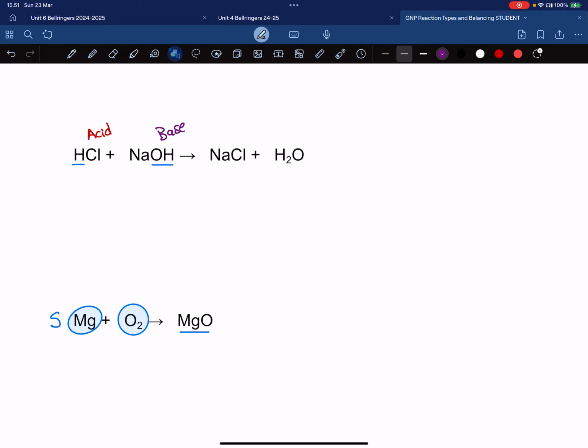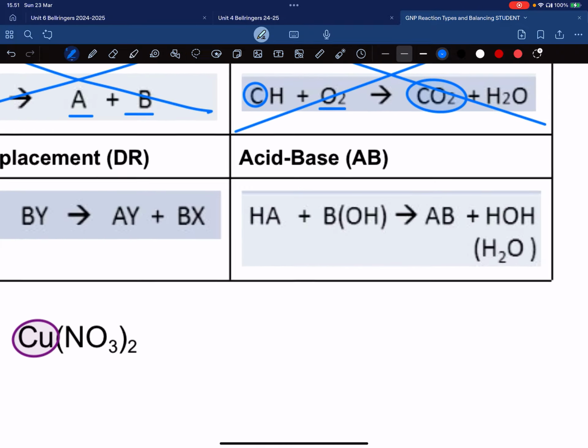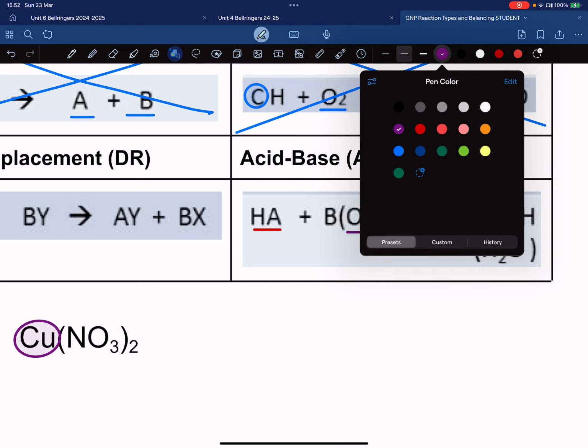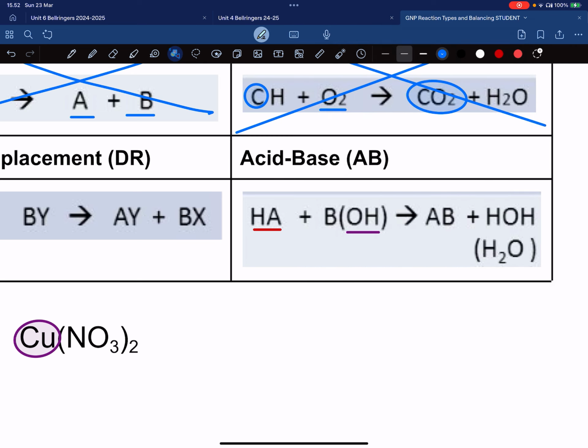And then these things are going to go together to make water, and that's really the key. So this is an acid-base reaction. All right, so again, you've got your acid with the hydrogen, you've got your base with the hydroxide, and it's going together to make water, acid-base reaction.